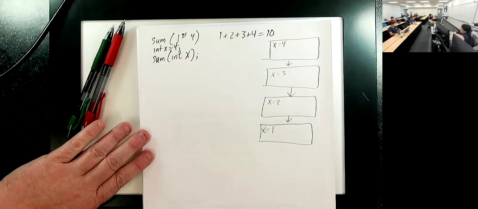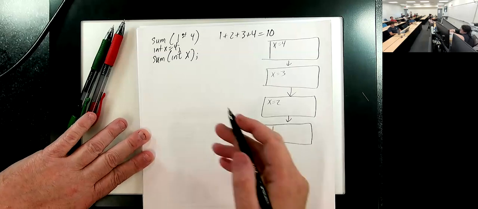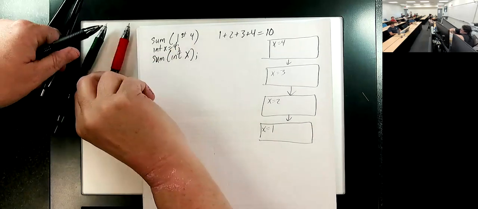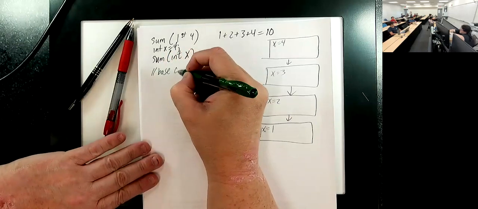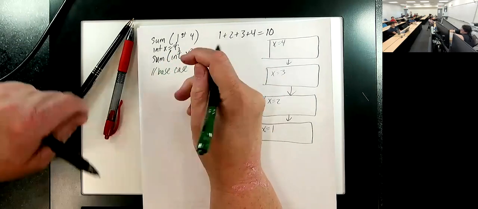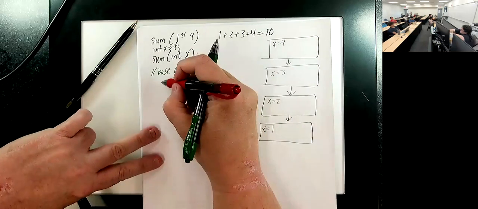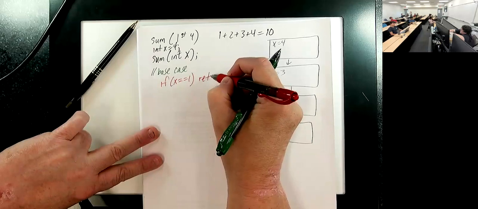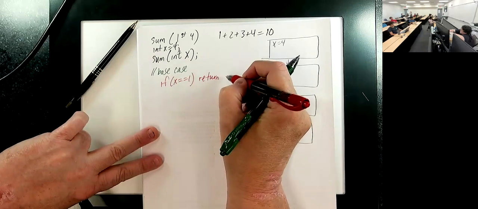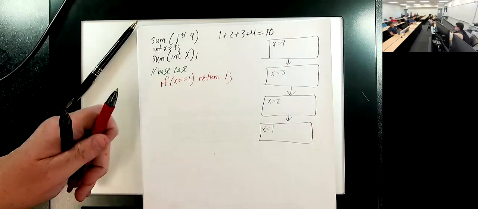We don't want it to go past 1, so maybe we'll call the base case x = 1. Maybe we'll return x, or return 1. Seems reasonable.